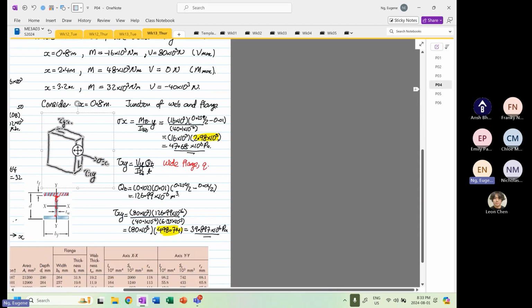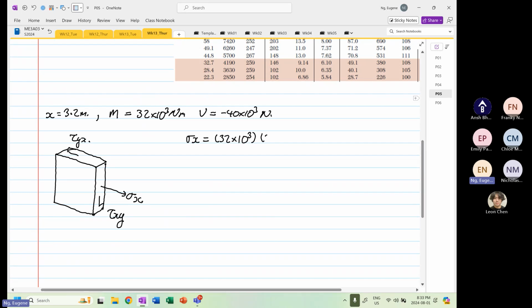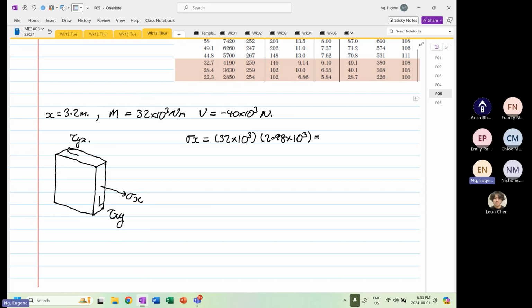And then remember I told you that multiply by 2.98. You don't need to calculate again. You calculated before. So this is equal to 32 power 3 times 2.98 power 3 is equal to 95.36.